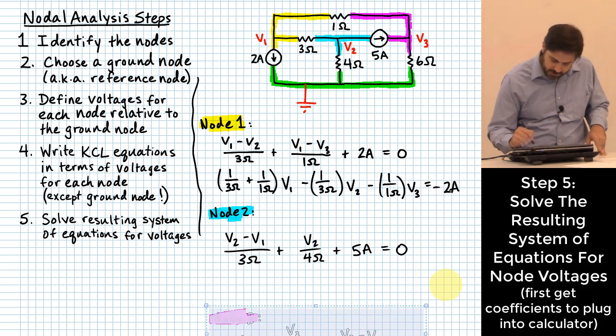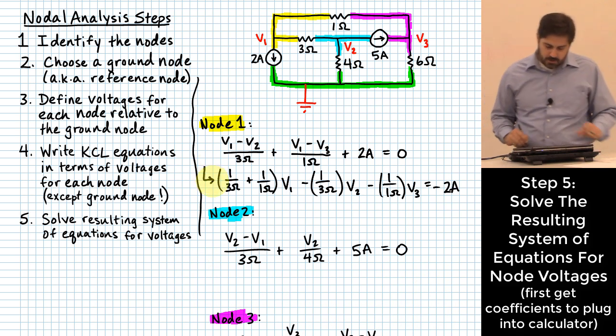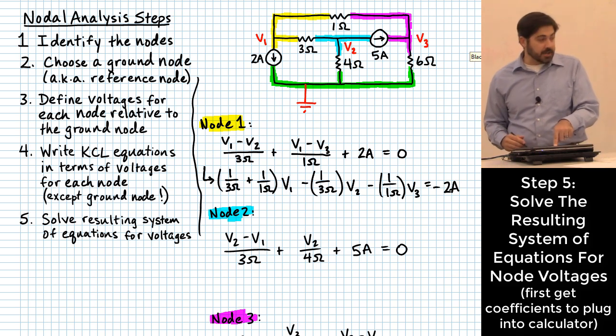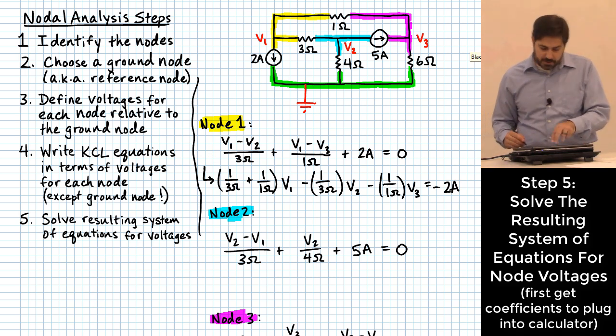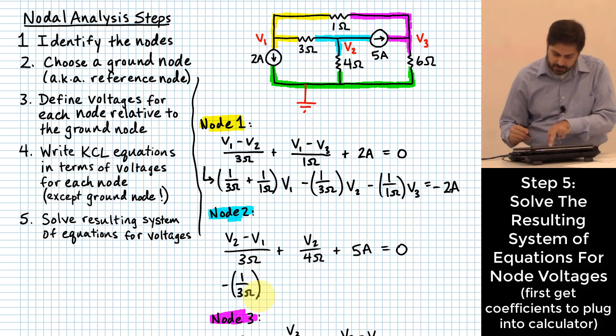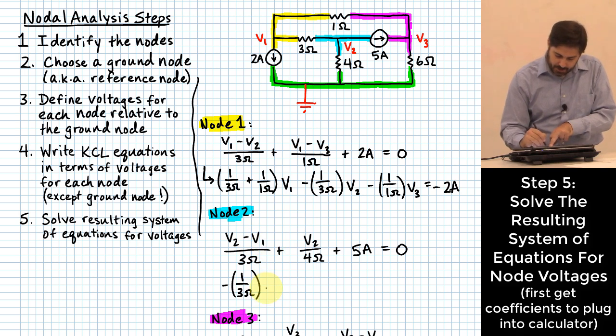Do the same thing here and give myself a little bit of space. Okay, I'll go a little faster with this one because I'm sure y'all kind of followed what I did with that one. So with this one, what we'll have is for V1, I will have minus 1 over 3 ohms. You can, if you would like, put that in parentheses if you really want to emphasize the nature of its purpose as being like a coefficient of V1.